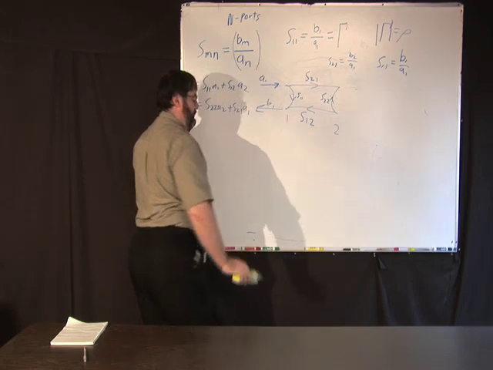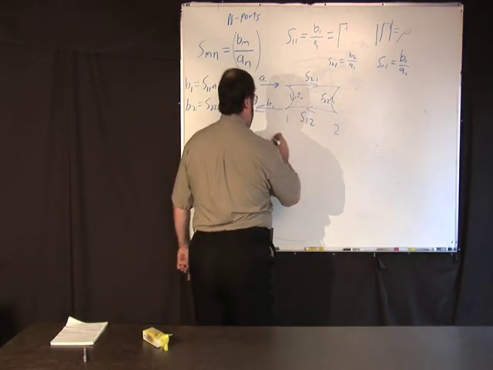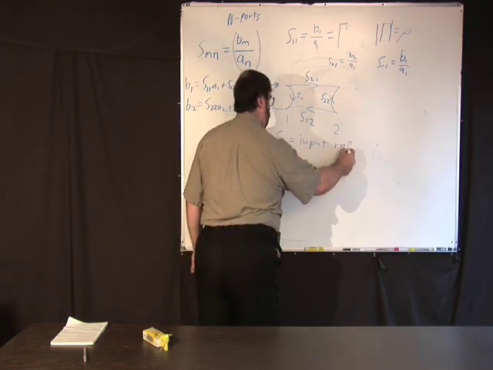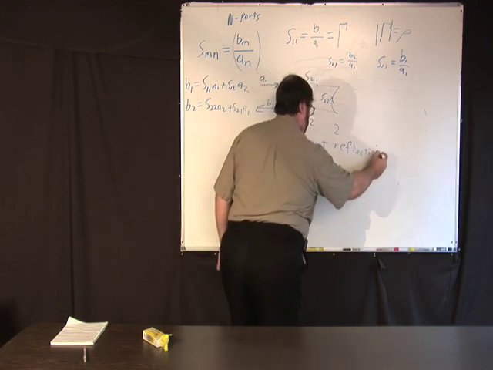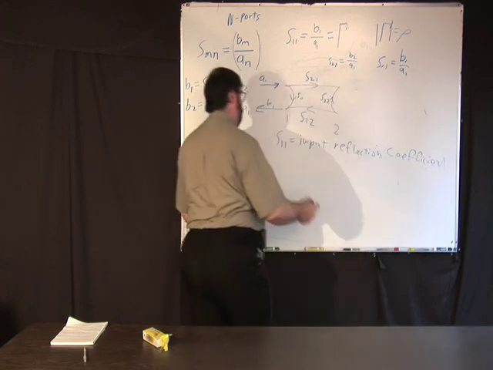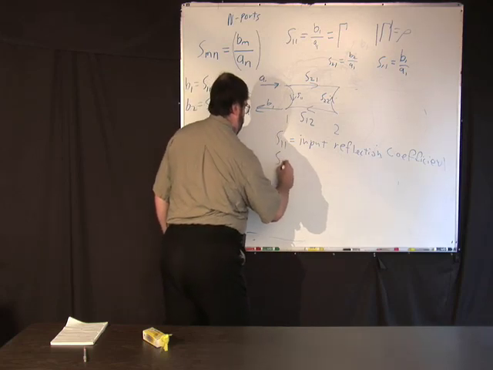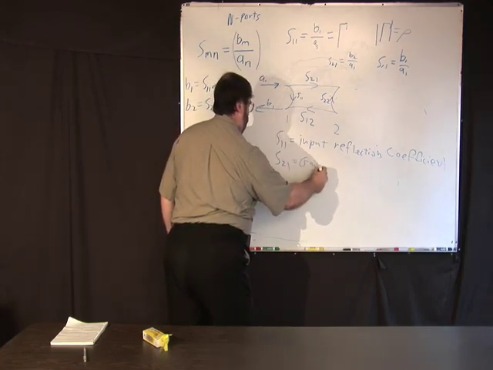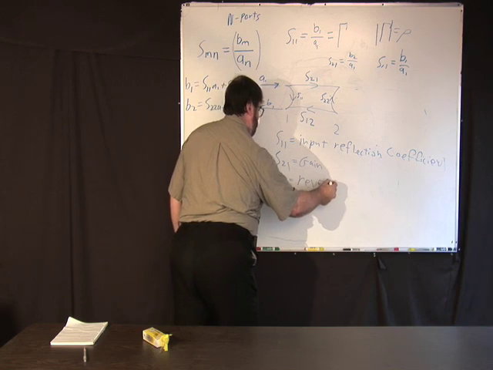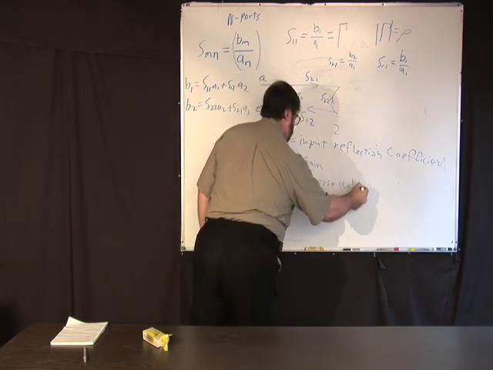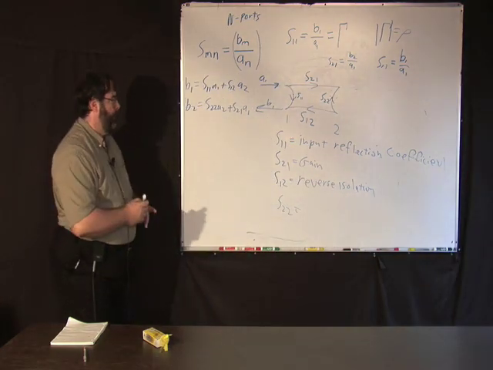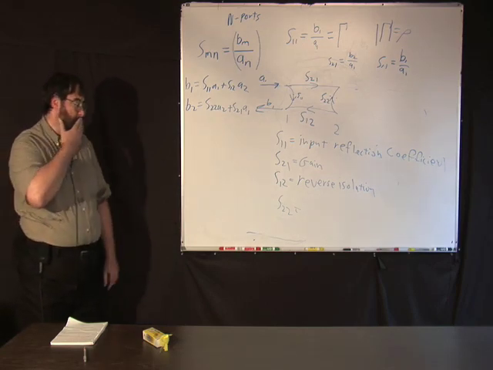In the case of an amplifier, S11 is the input reflection coefficient, S21 is the gain, numeric gain, S12 is reverse isolation, and S22 is the output reflection coefficient. So they have names for amplifiers.